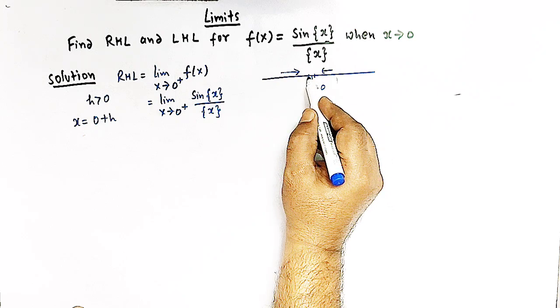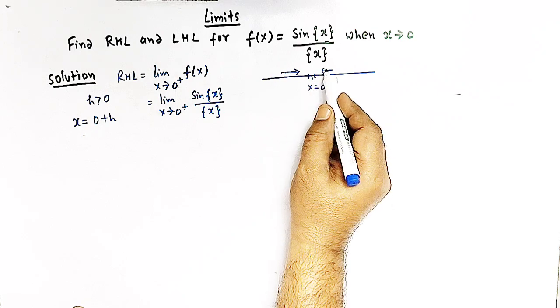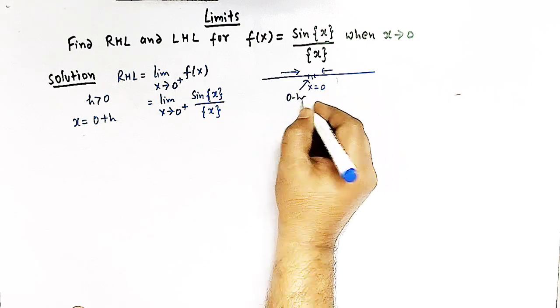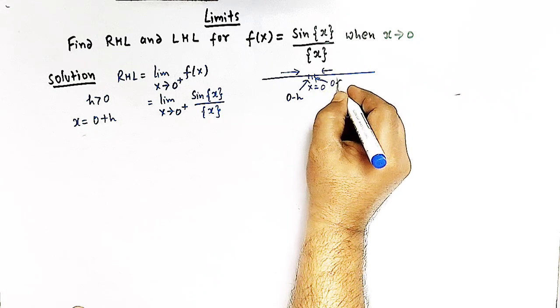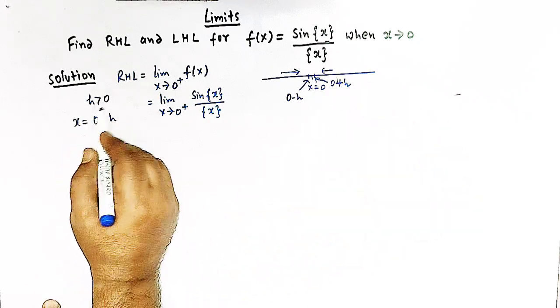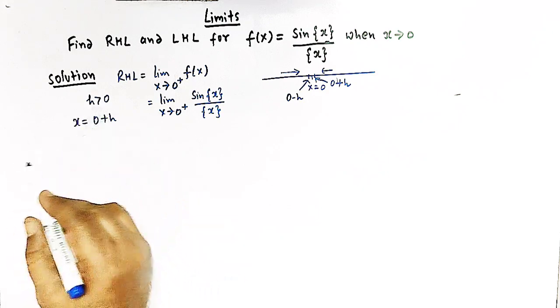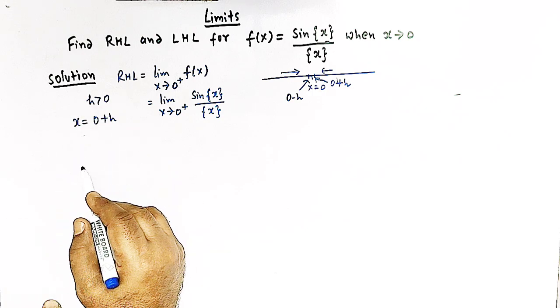So this point is 0 - h, and this point is 0 + h. Remember, h is greater than 0, a positive quantity, infinitesimally small, and it lies between 0 and 1.